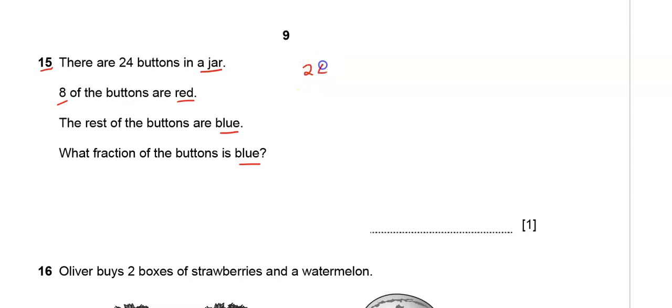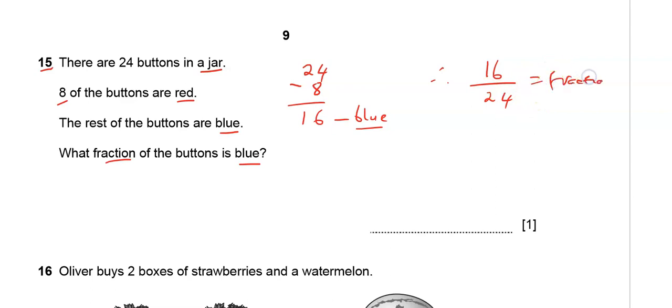We take the total 24 buttons in the jar and subtract 8, which are red, and we remain with 16 that are blue. So 16 buttons are blue. Therefore, the fraction of blue buttons is 16 divided by the total number of buttons.